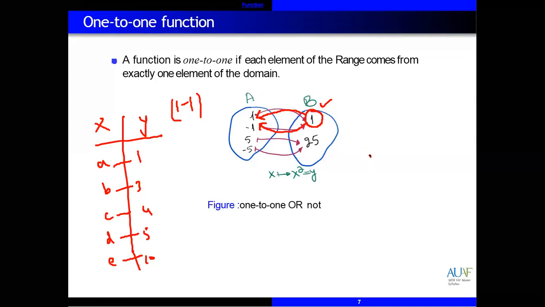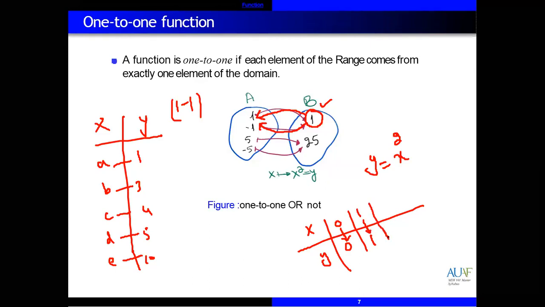Like if we have the equation y is equal to x square. So x and y. Starting from 0, x is 0, y is also 0. When x is equal to 1, 1 square is equal to 1. When x is equal to 2, 2 square is 4.